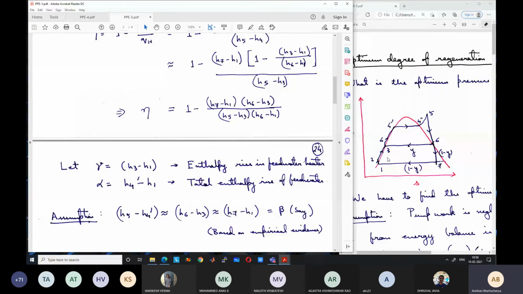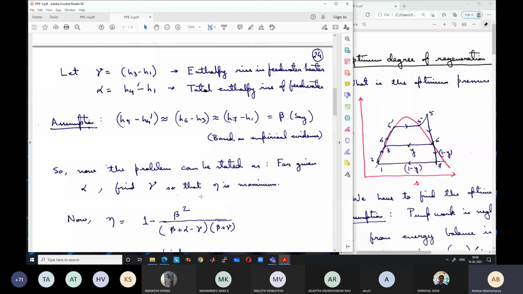H5 minus H1 is H5 minus H4 dash, which is equal to beta, plus from 4 dash to 1, which is alpha. So beta plus alpha, minus this 1 to 3 process, gamma. So H5 minus H3 is equal to beta plus alpha minus gamma.